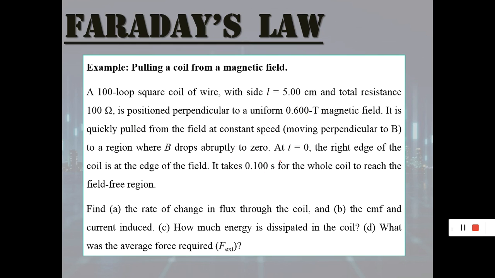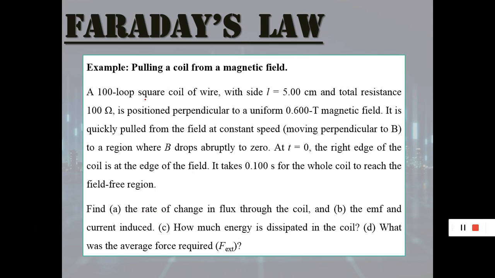At t equals 0, the right edge of the coil is at the edge of the field. It takes 0.1 second for the whole coil to reach the field-free region. Find A, the rate of change in flux through the coil, and B, the EMF and current induced. C, how much energy is dissipated in the coil, and D, what was the average force required.